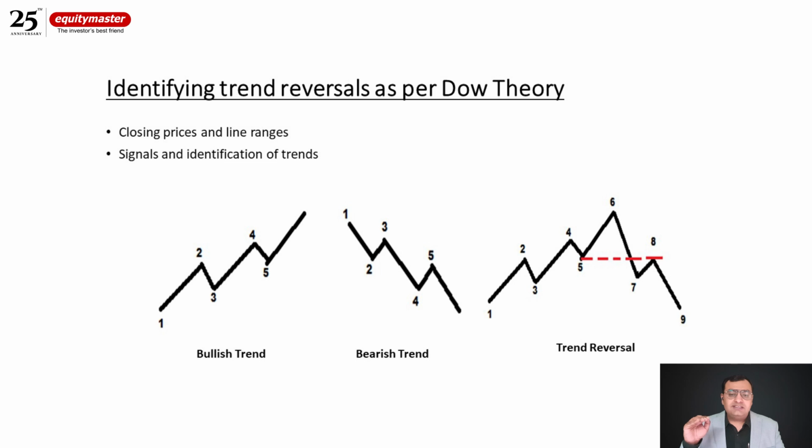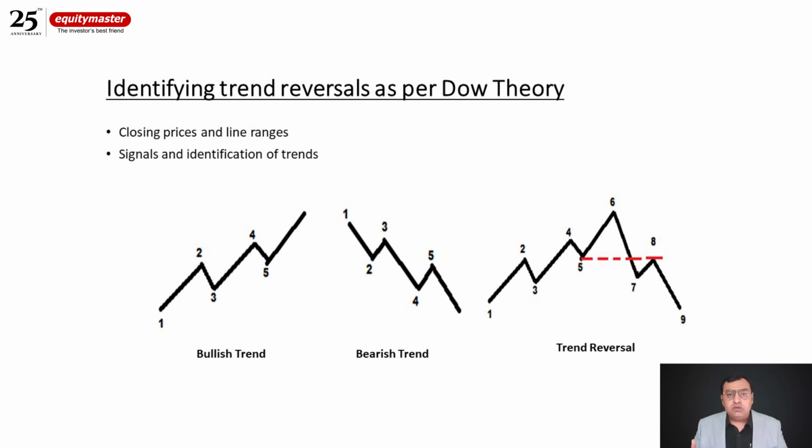And if you look at 7 over here, the previous low of 5, which was the higher low, has been taken out. Say the higher low would be around, and the 7 low could be around 96. The price at 8 goes slightly higher, but it doesn't cross the level of 6, and then it falls back below the low of 7, which gives a confirmation that the trend change has happened.